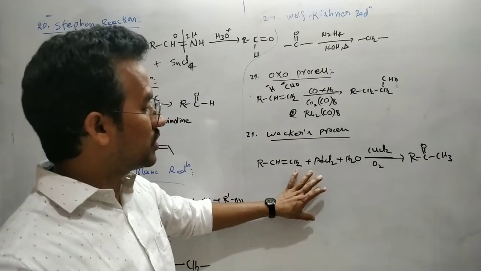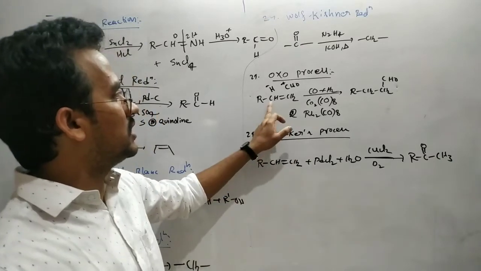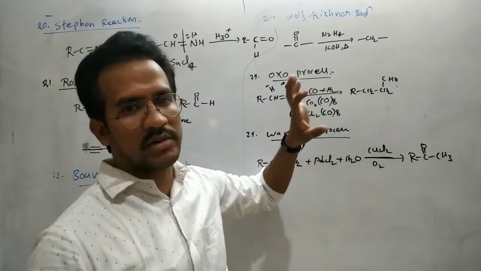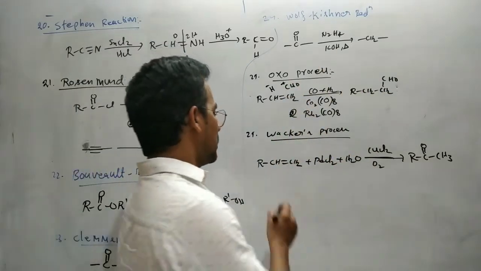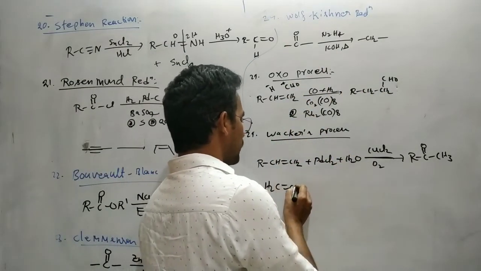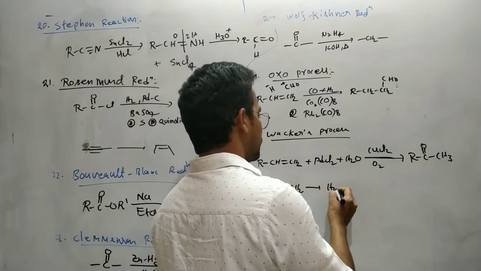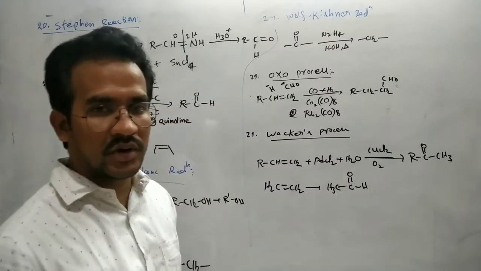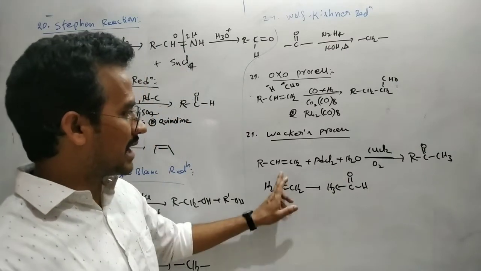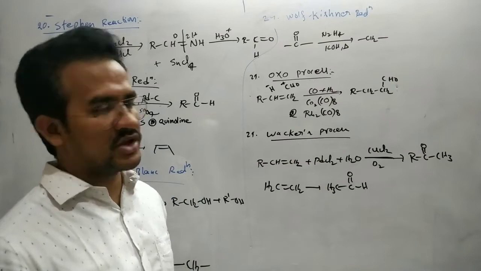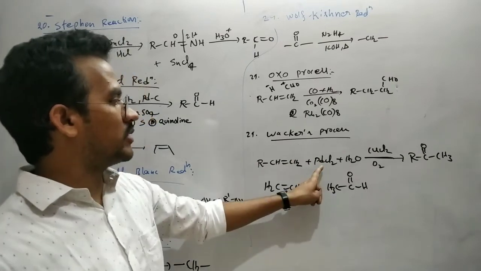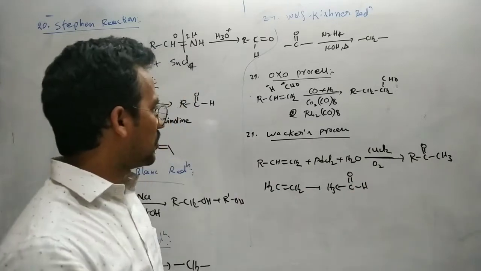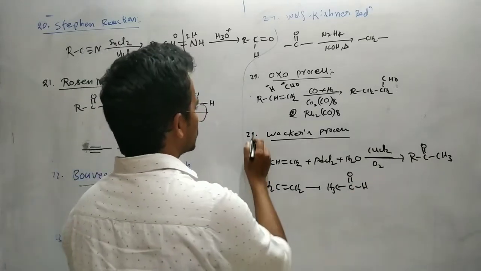There is no increase in the number of carbon atoms here, but in the oxo process there is an increase. Here, if you take ethylene, we get the aldehyde CH3CHO. For other alkenes, ketones are produced. Palladium chloride is the main catalyst and CuCl2 is the co-catalyst. That is the Wacker process and the oxo process.